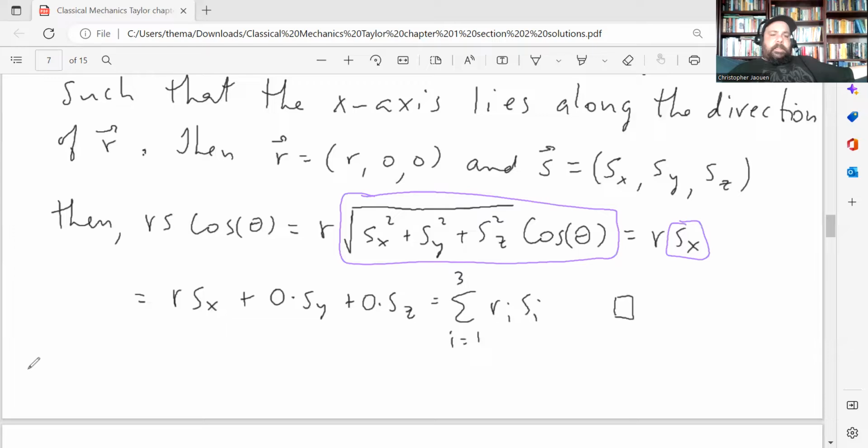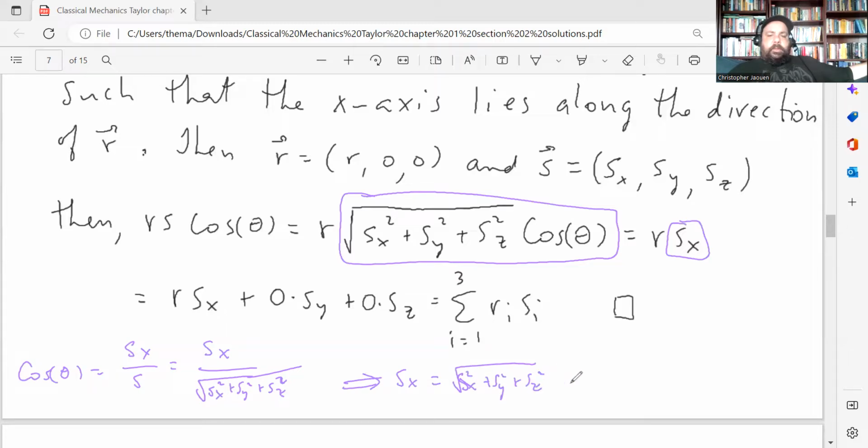The reason we can say that is because cosine theta is equal to sx over the length of s, or in other words, sx over the square root of sx squared plus sy squared plus sz squared. And if you solve that for sx, you get the square root of sx squared plus sy squared plus sz squared times cosine theta. So this thing here is equal to the x coordinate of s.